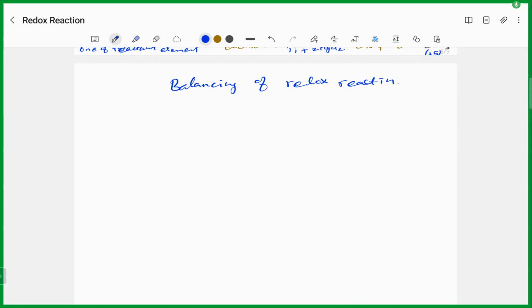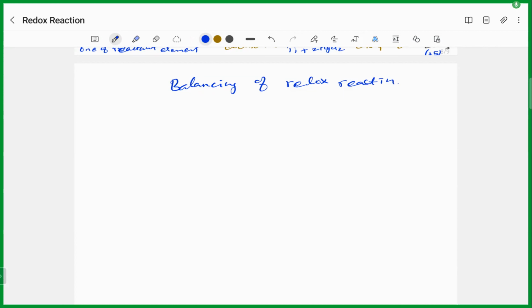Here the phosphorus becomes, what is the oxidation number for the phosphorus in PH3? Hydrogen becomes +1. So phosphorus plus 3 into 1 becomes 0. So phosphorus becomes -3.